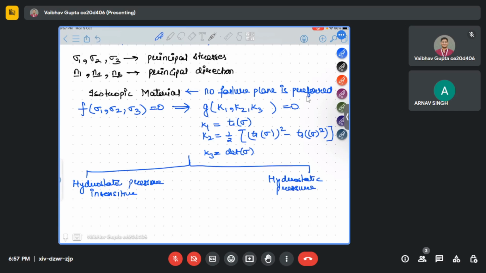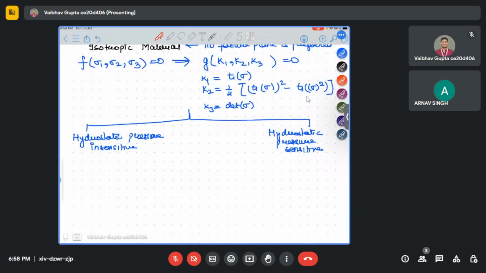What does this mean? Insensitive and sensitive. Suppose a material has been dipped in a fluid and it fails. It means the material is hydrostatic pressure sensitive. And if you immerse a material in a fluid and it doesn't fail, then it means hydrostatic pressure insensitive.